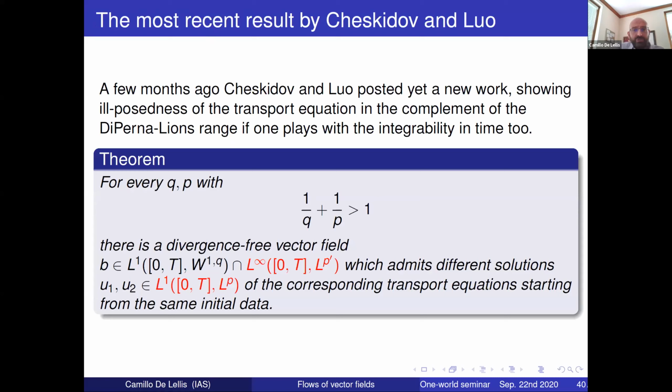A few months ago, a bit after we posted our paper on the web, Cheskidov and Luo posted another very interesting theorem in which they essentially get to the optimal range of exponents for the DiPerna-Lions theory, at least if you're willing to drop the L infinity assumption in time and replace it with an L1 assumption for the solutions of the transport equations.